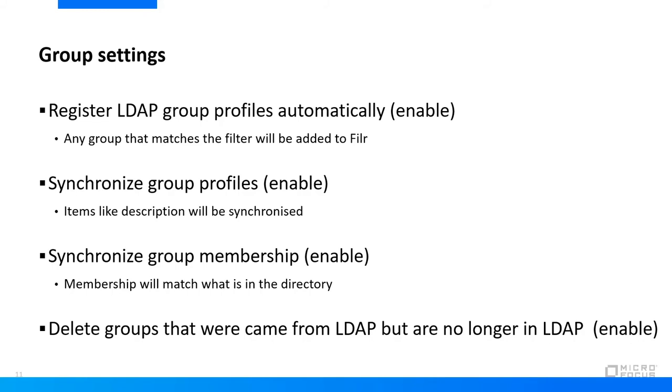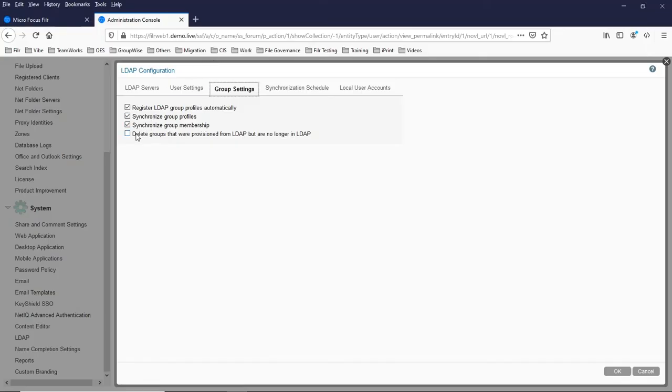And again, something that I prefer to do is to delete the groups that were in LDAP but have been deleted. Otherwise, again, you're going to have to manually delete them in the future at some point. So here, leave those all checked and check the delete groups that are no longer there.